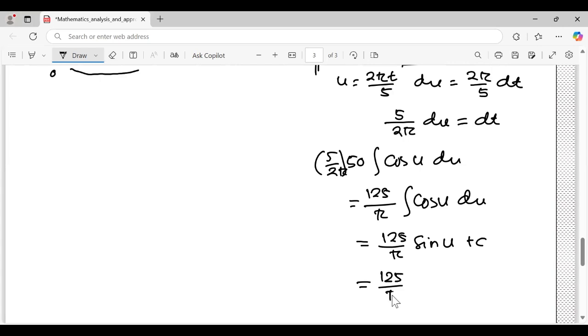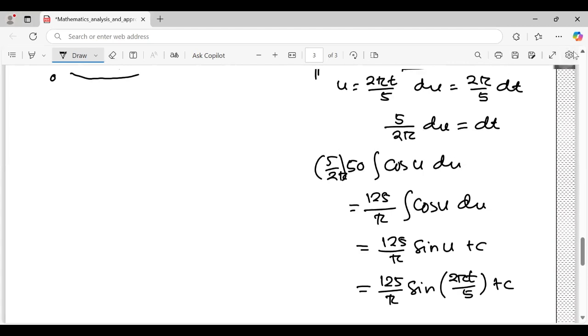So it is 125 over pi sine u plus c, or sine(2 pi t over 5) plus c.